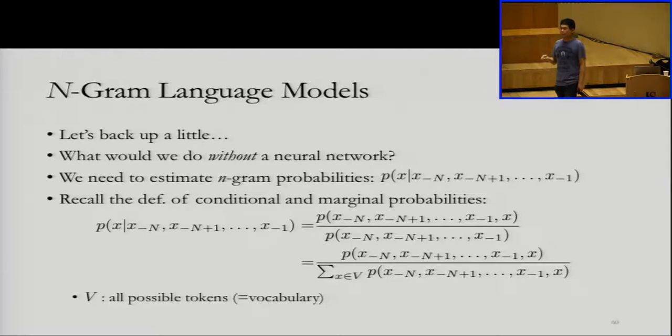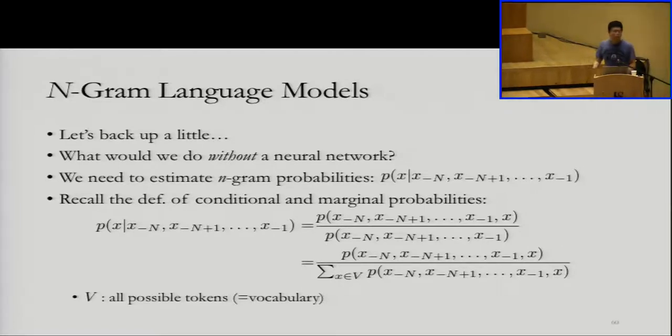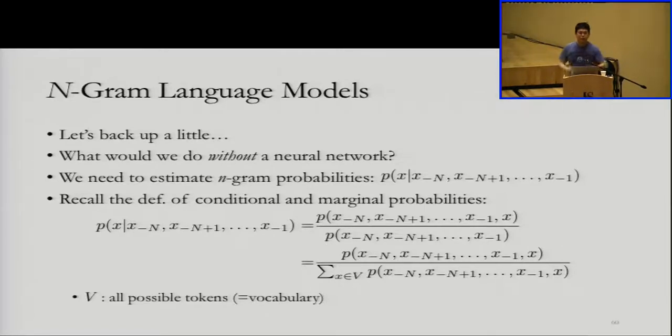And the denominator, you can rewrite by simply summing over all possible next tokens from this joint distribution. So that's the definition of conditional probability and the definition of the marginal distribution, where V here is the vocabulary of all possible unique tokens that we talked about.